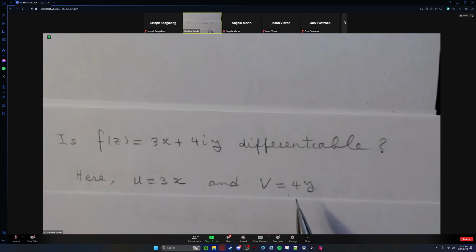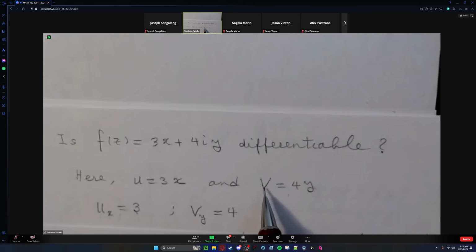They usually are functions of x and y, but in this case, just that. So the partial derivative with respect to x is 3, and the partial derivative of v with respect to y is 4.